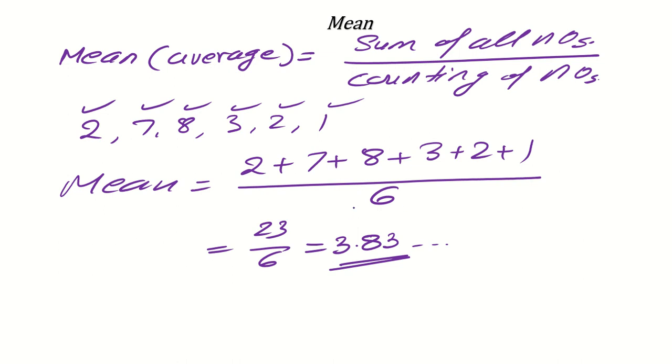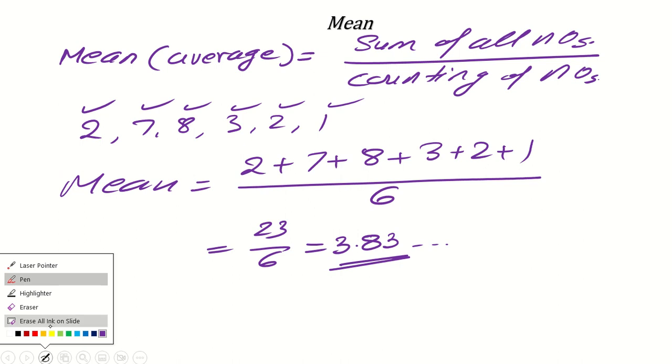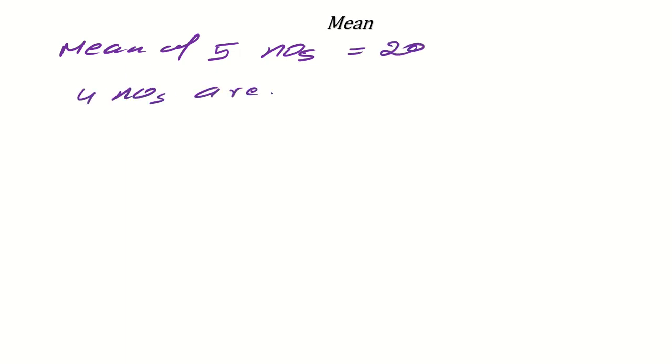Okay, now what next can they give you? They can give you the mean, and one number will be missing. For example, yes, this is a very important question for you. Maybe they can say the mean of 5 numbers is, say for example, 20, and 4 numbers are 2 3 7 9, and find the missing number.